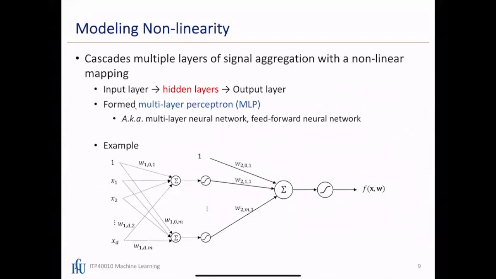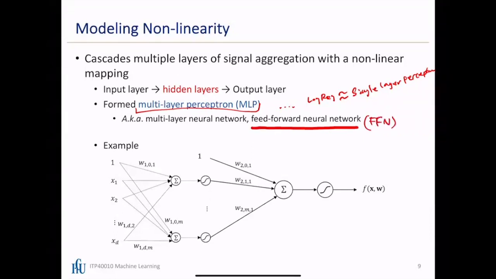And they form a model named multi-layer perceptron. Compared to this, logistic regression can be understood as a single-layer perceptron. Multi-layer perceptron, MLP in short, also has another name: feed-forward neural network, or FFN, or FFNN.